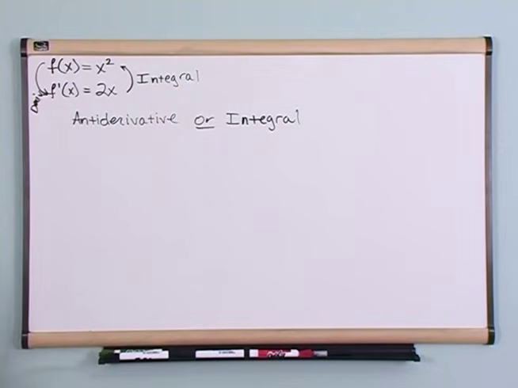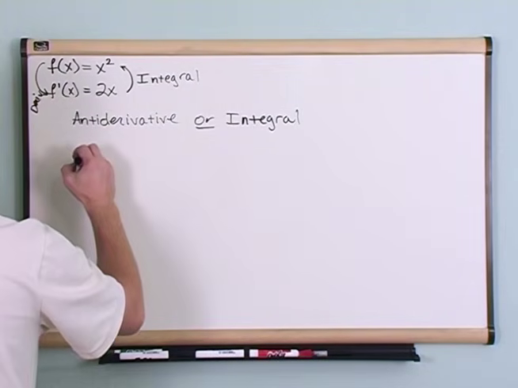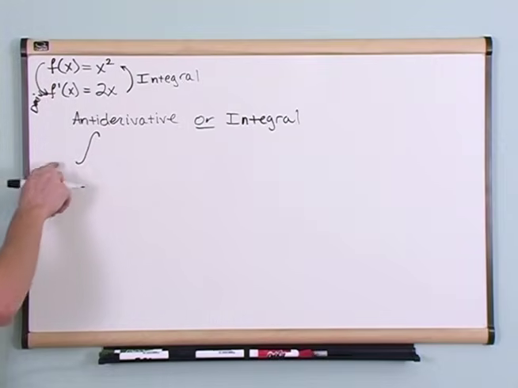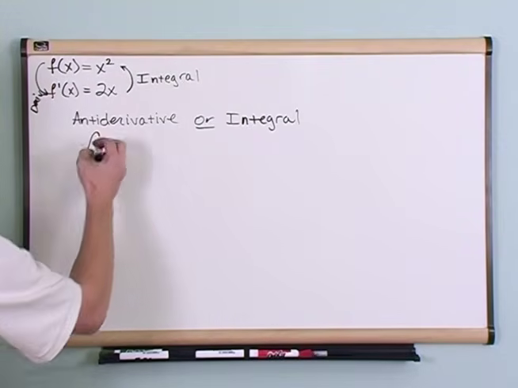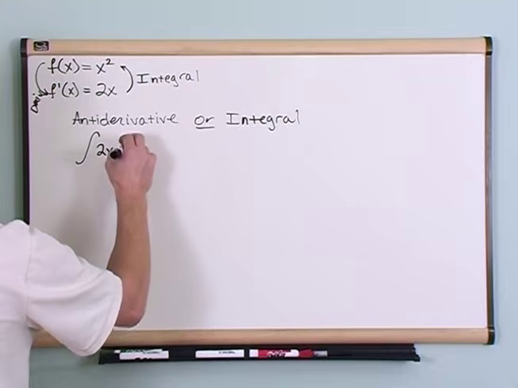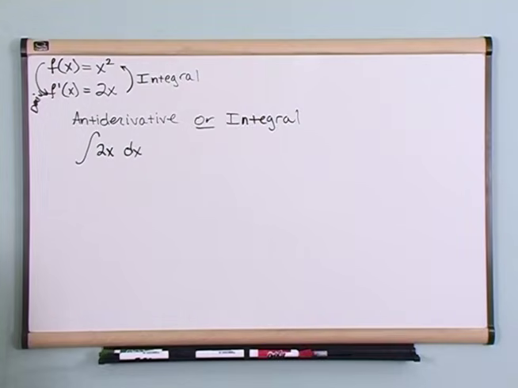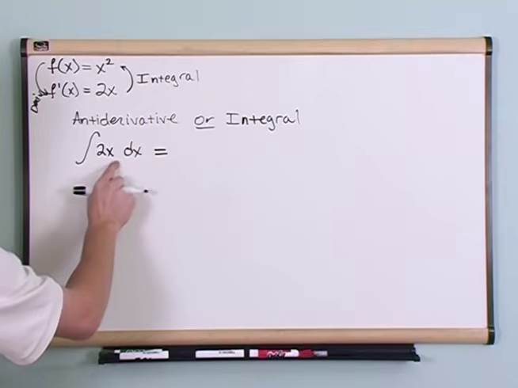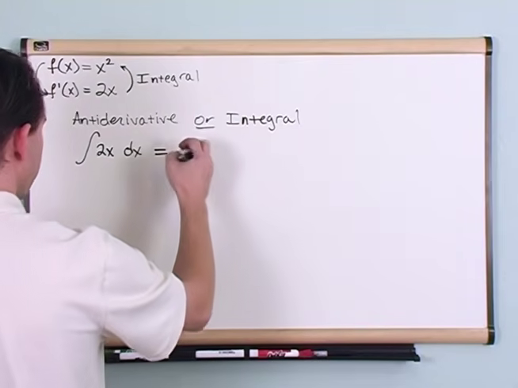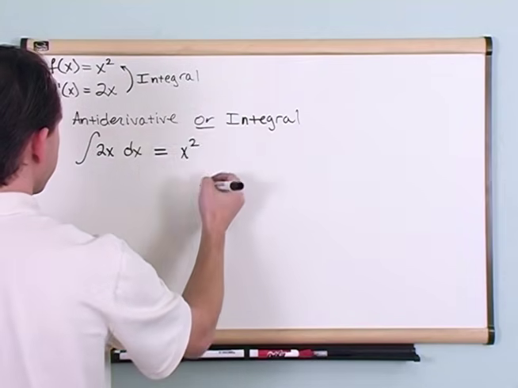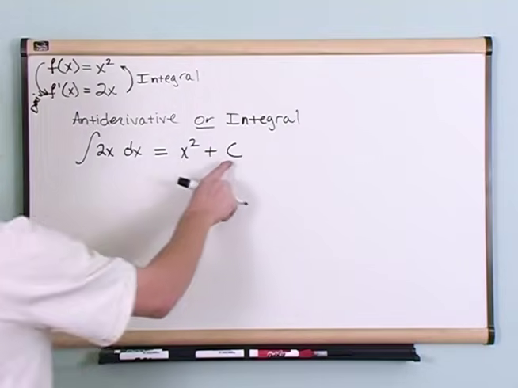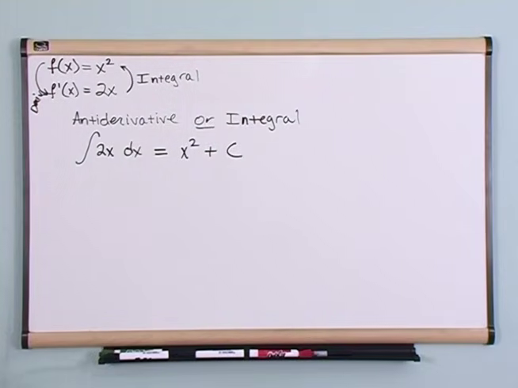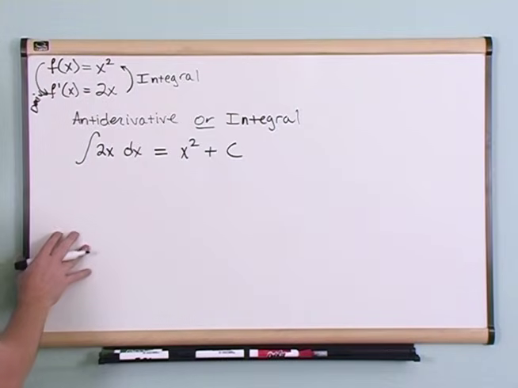So the way you would write this in a problem is it would be the integral, which is a funny symbol that looks kind of like an S, of 2x dx. And you would say this is taking the integral of some function, and that's equal to x squared plus a constant, c, and I'll explain why we put that there in just a second. But what you have on the left is this funny symbol called an integral.